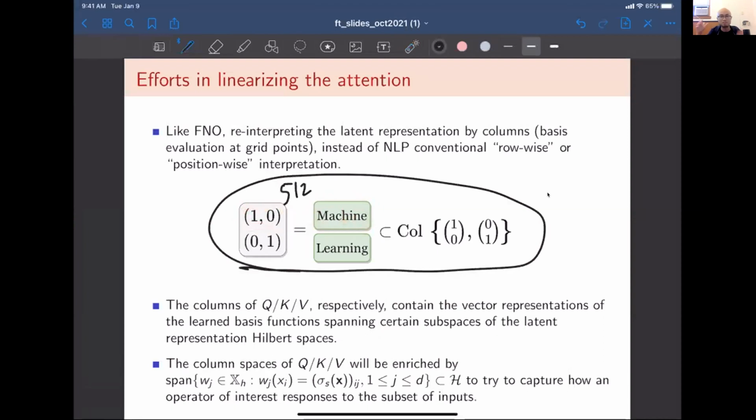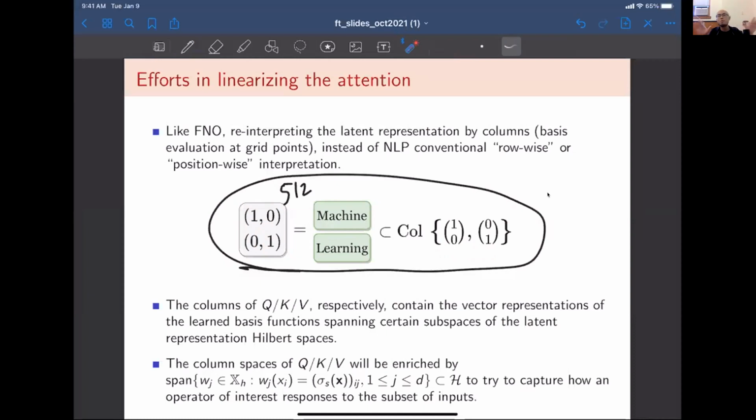Here it's a simplification. And the learning is embedded into another feature vector. However, if I view it by column, the column is like the basis, the column space of the latent basis. Basically, I view it as discrete sampling of Hilbert spaces.